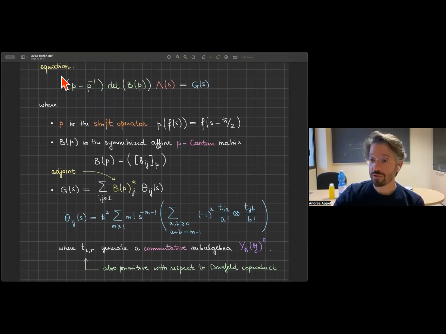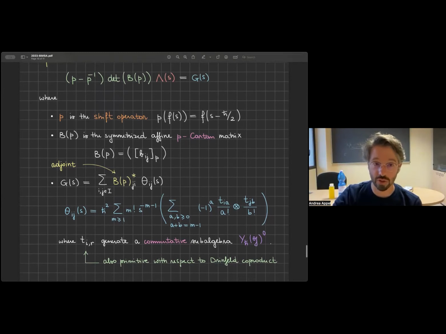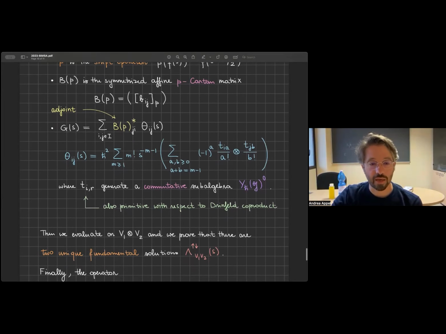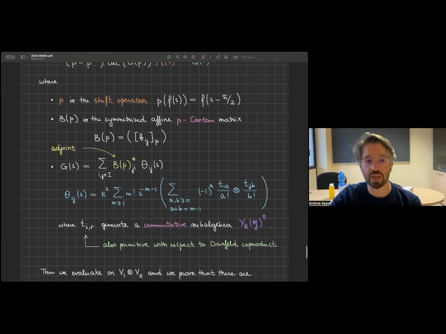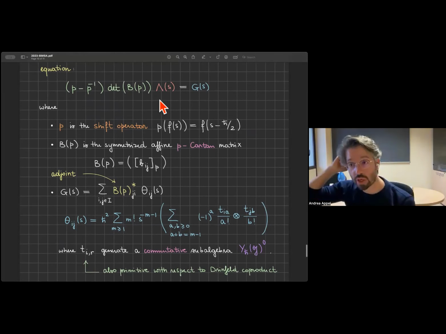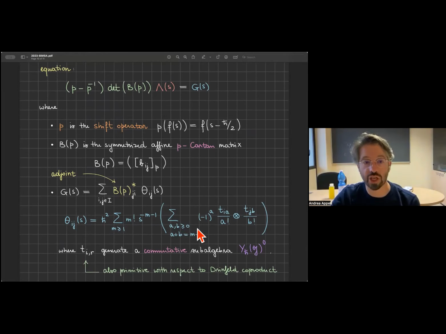Okay, so this is the difference equation that we consider, and then what can we do? Well, this a priori is completely algebraic at the moment. So this element here, this G_S, I can think of as something defined in Y(g) tensor 2.